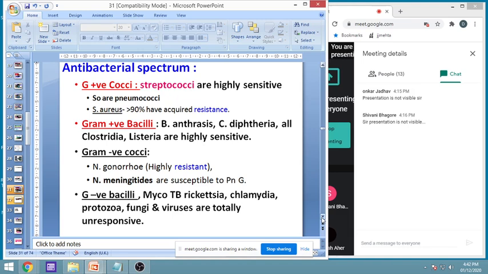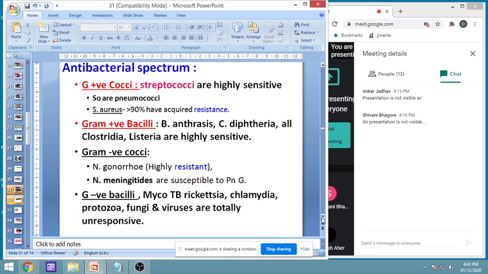So although it was earlier known, maybe 5 years back, 10 years back, 2 years back, to be a very good antibiotic for any infection, if it is now known by various tests and research activities that resistance is formed, then there is no point in prescribing that antimicrobial agent in that particular area.